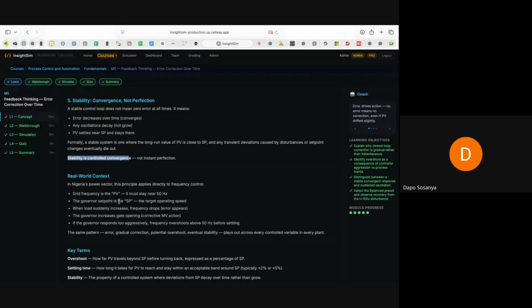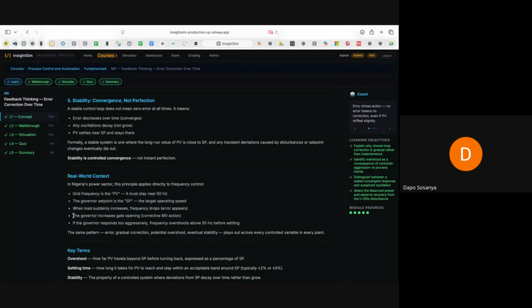So the governor set point is the SP, the target operating speed. The governor is the device that controls the generator, the turbine, whether steam turbine or hydro turbine. So when load suddenly increases, the frequency drops. So you see error.